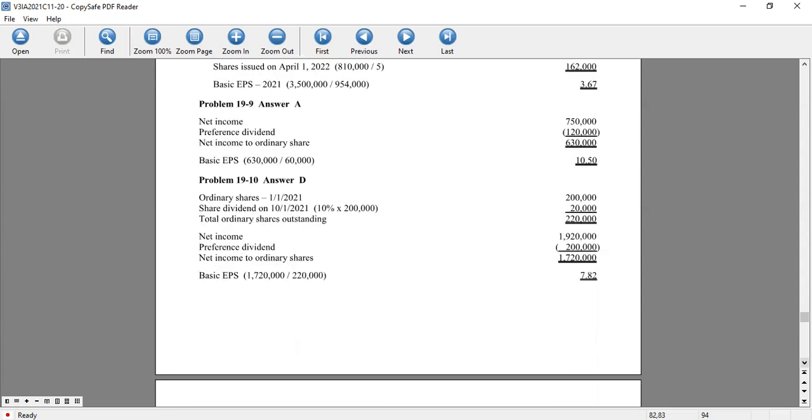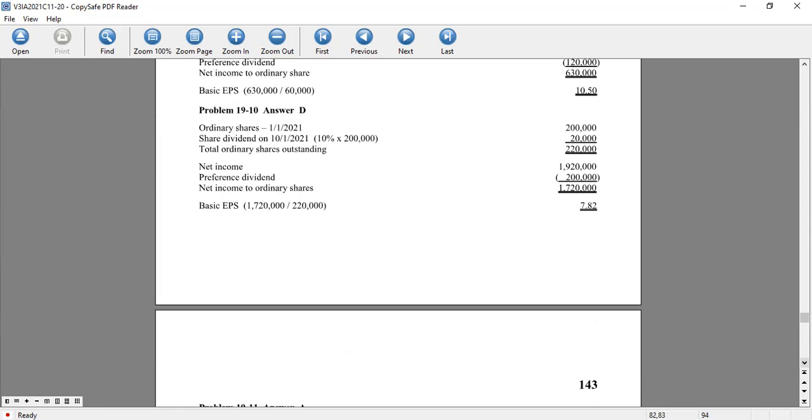19-10. The question here is still the basic earnings per share. So ordinary shares on January 1, 2021 are 200,000, then the share dividend on October 1, 2021, 10% multiplied by 200,000 or 20,000.